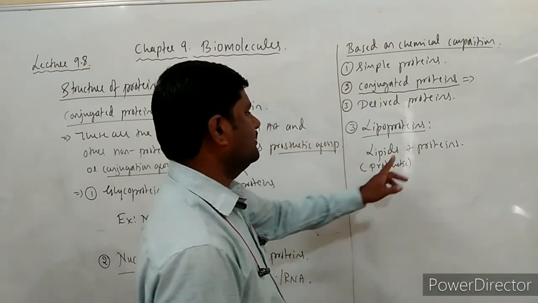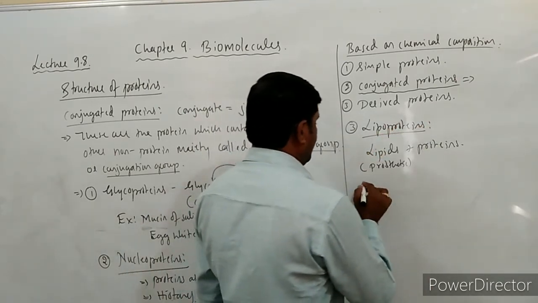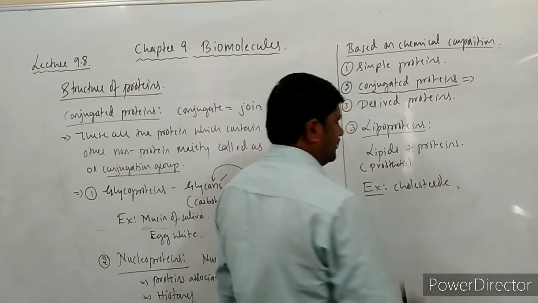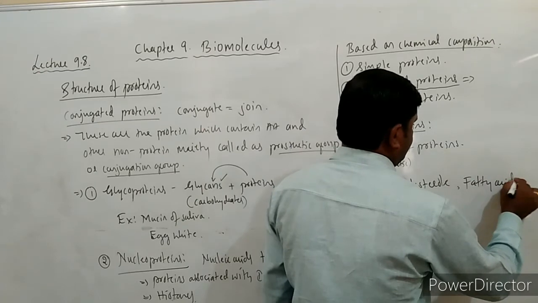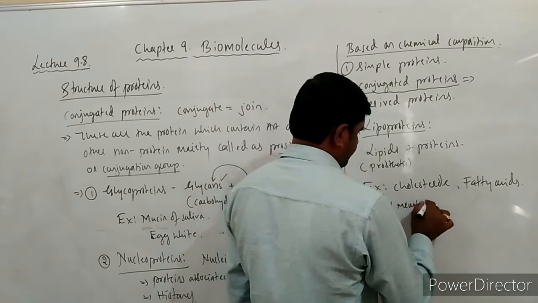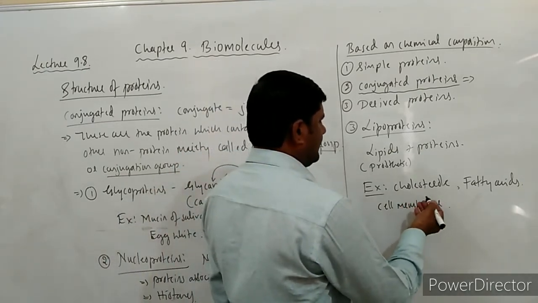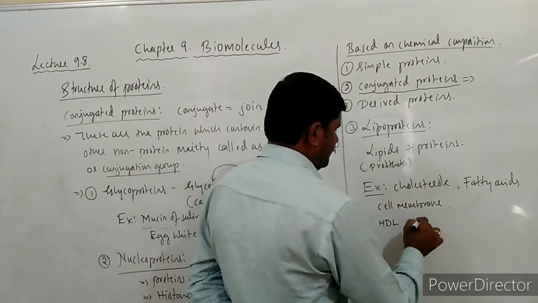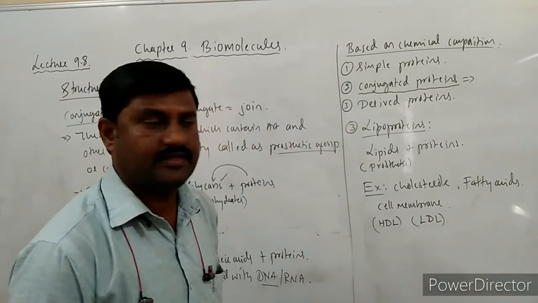Lipids associated with proteins are called lipoproteins. Examples include cholesterol, fatty acids, cell membrane, egg yolk, high density lipids and low density lipids.